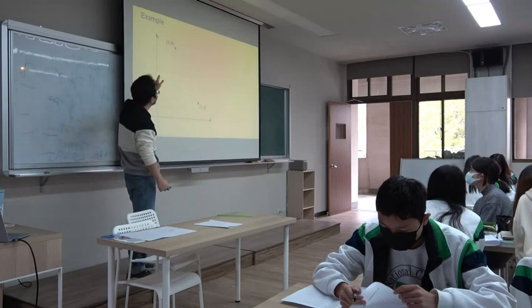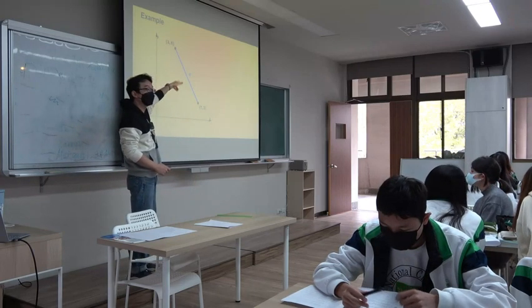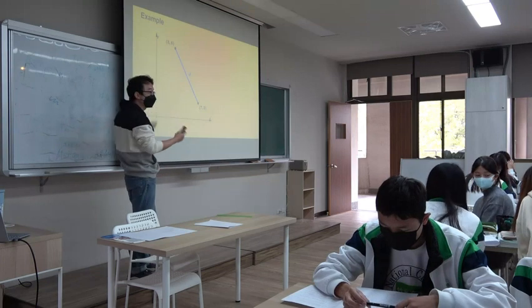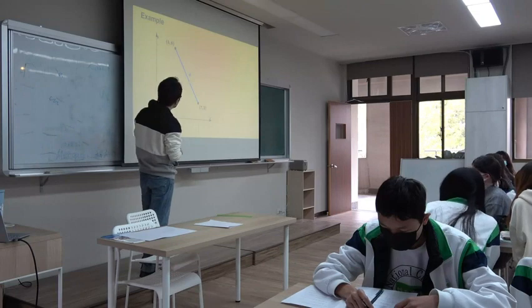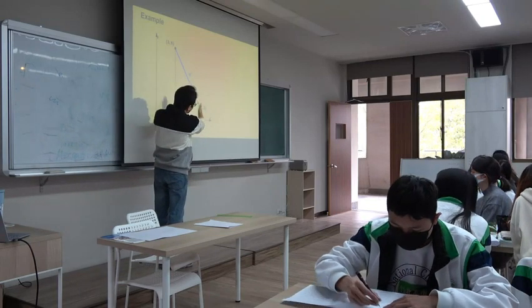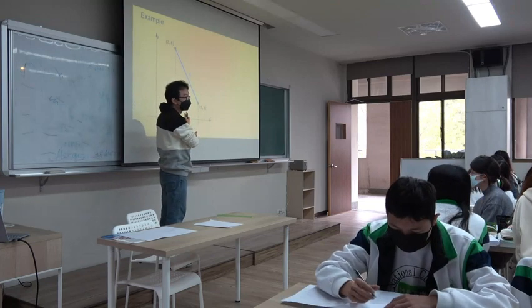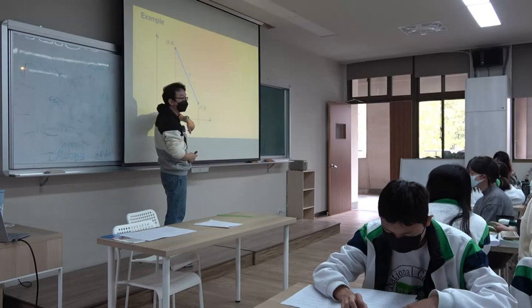Okay, we want to find the distance between the 2 points. Okay, how to do that? First, we draw vertical lines passing through the 2 points.